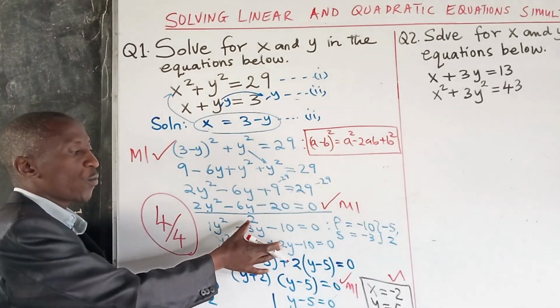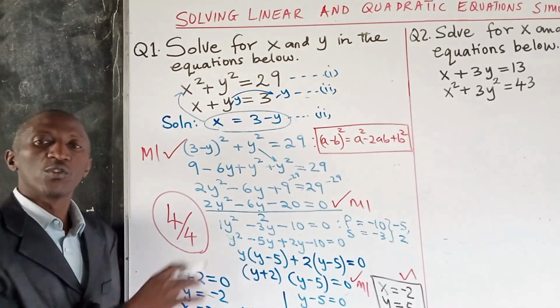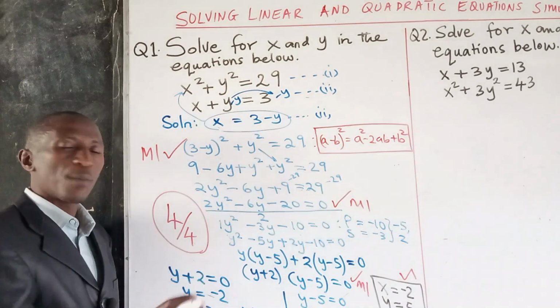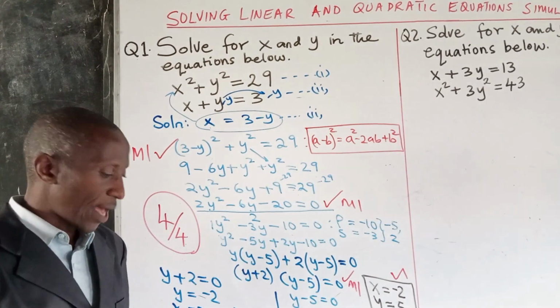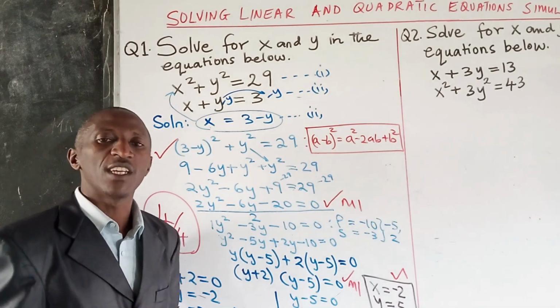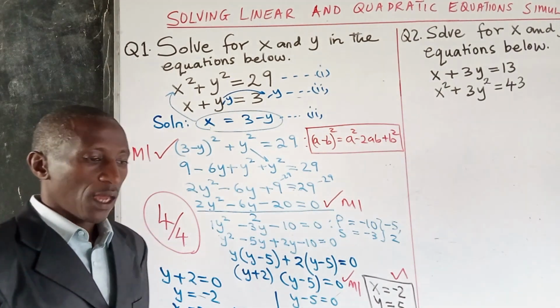From this point onwards, the student is free to use any approach, and normally we go for the easiest one. The easiest one happens at this point to be elimination method.